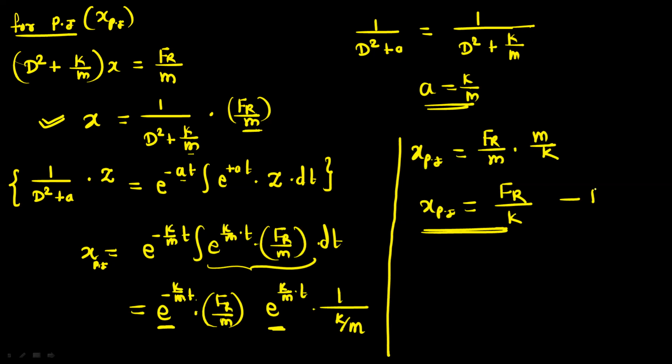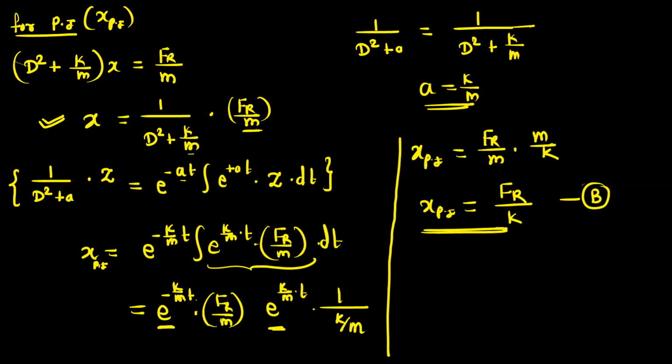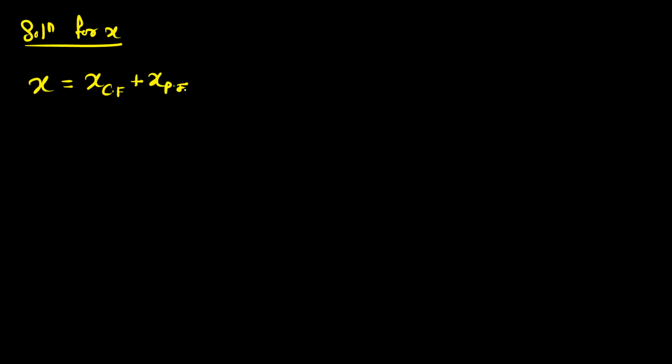Okay. So take this as equation b. Now from equation a and b, so this is the complementary function, and this is the particular integral. Okay. So the complete solution for x: x is equal to x complementary function plus x particular integral.